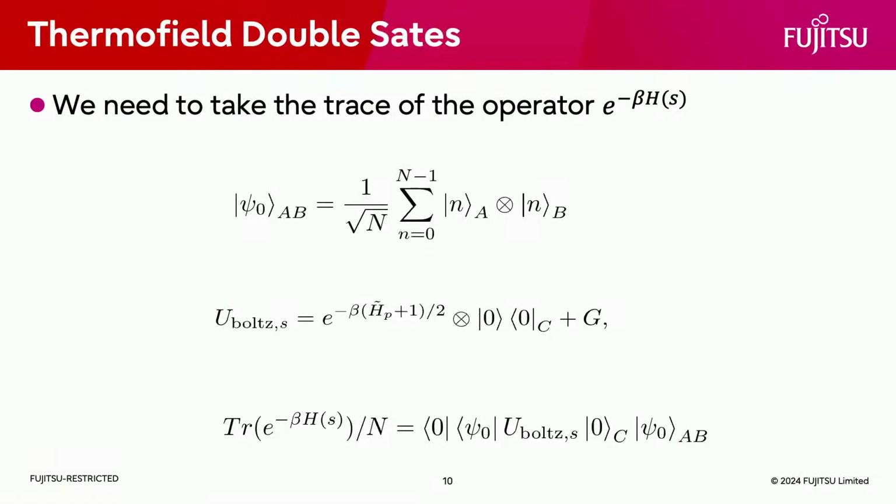It's standard to use what's called thermofield double states, where you basically start with an evenly distributed superposition in the computational basis, and then correlate that, basically you create a Bell pair, and you obtain that kind of state.